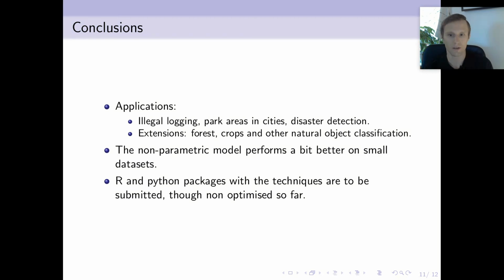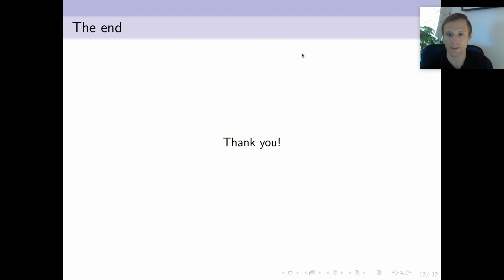We haven't taken a look at large data sets yet. And the last thing to point out is that there are two packages being prepared for submission, an R package and a Python package, with the techniques that I have discussed. So I hope they will come out soon, and thank you for your attention.